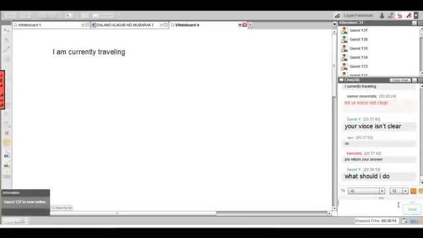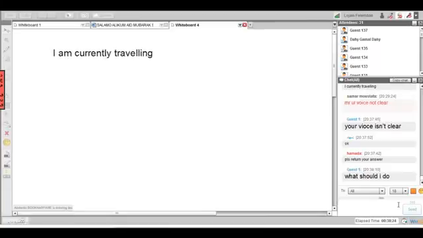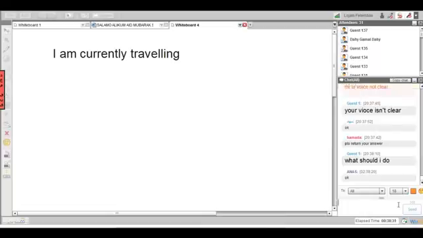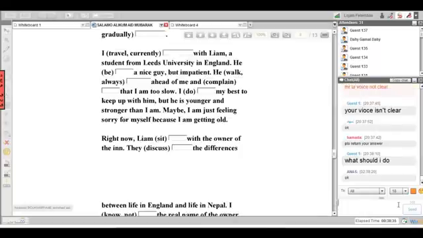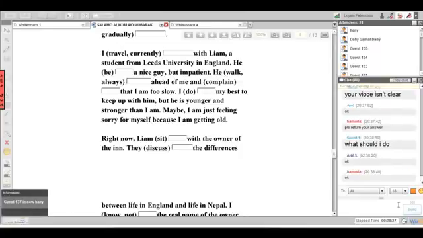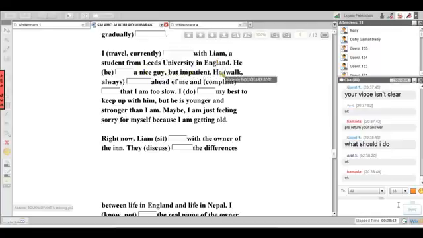Currently is a word that indicates now, so the action is at the time of speaking. What do we use to describe an action that is being done now? Normally we use present continuous. So I am currently traveling.